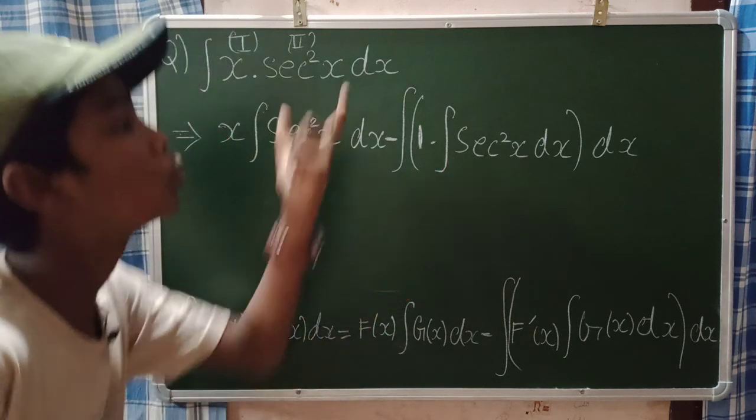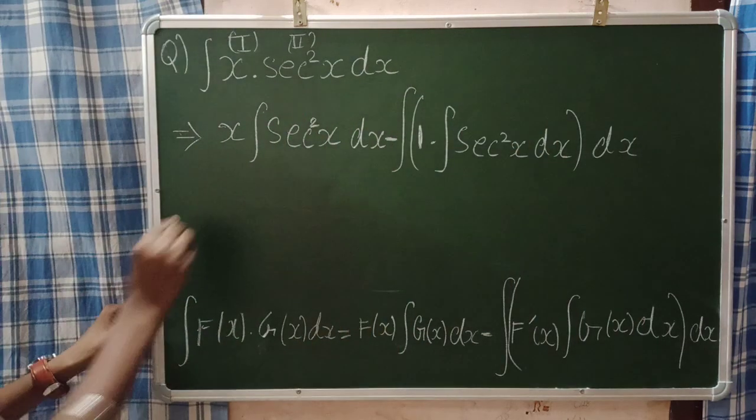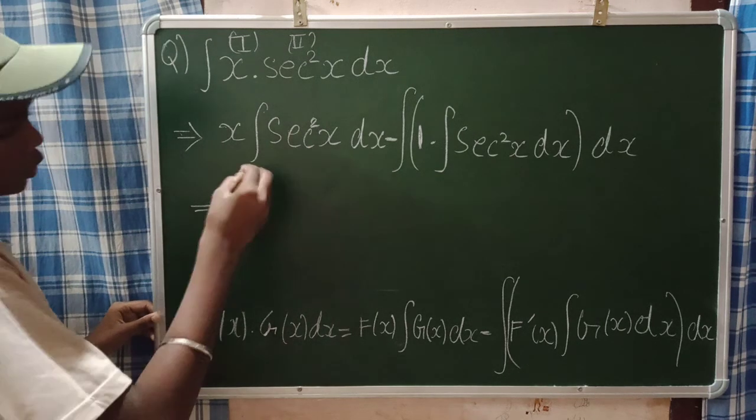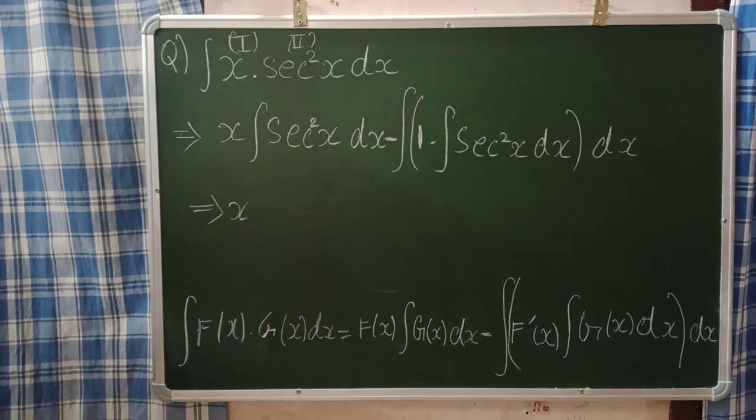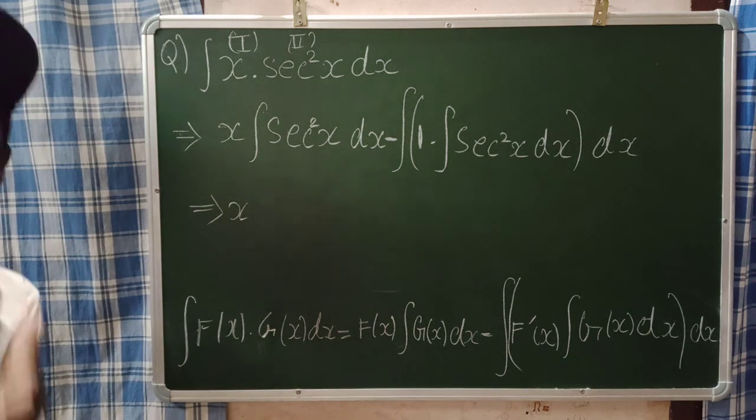Then I will integrate this whole expression by putting a dx on the whole. Now just simplify the value guys. So x into, what is the integral of secant square x dx? The integral of secant square x dx is nothing but tan x.